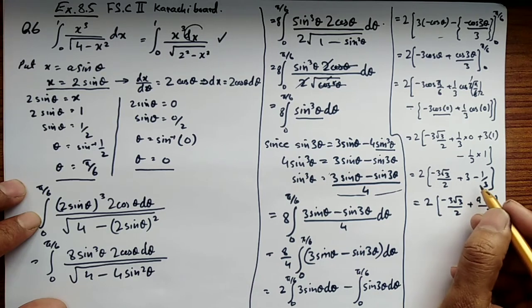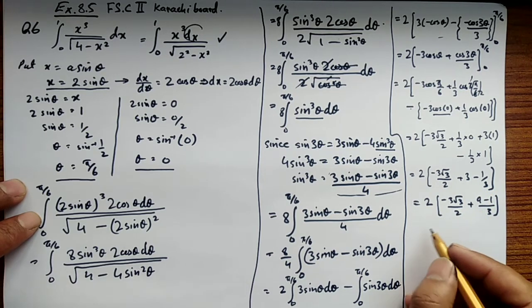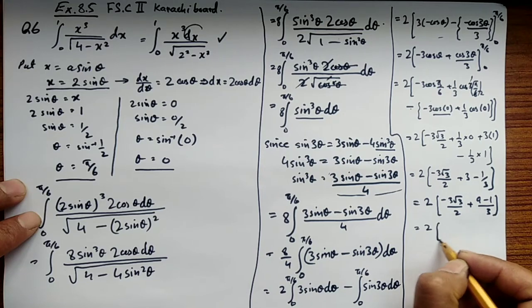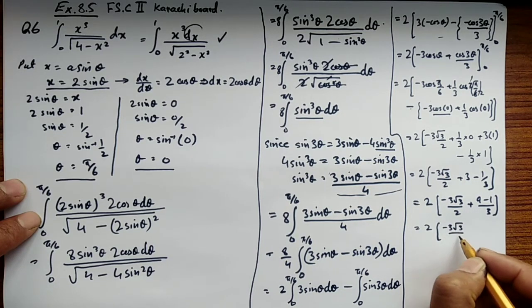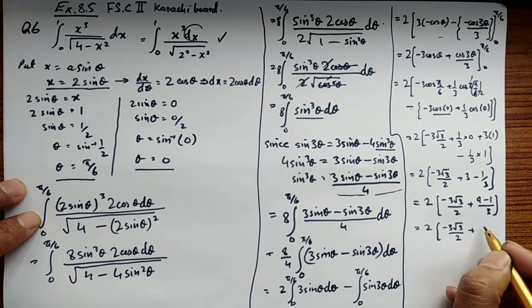Take LCM for these two, and this will be now 2 into, you can make it a simpler answer by simplifying, 8 upon 3.